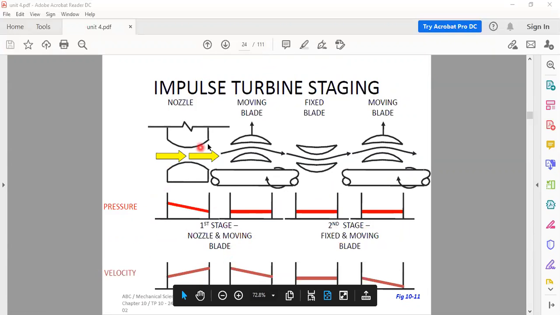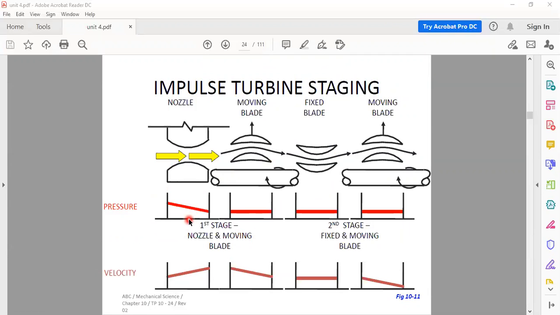See, in this process, what is the effect on our pressure and velocity in the steam going through this process: nozzle, moving blade, fixed blade, moving blade? So, what is affected in steam pressure and steam velocity?